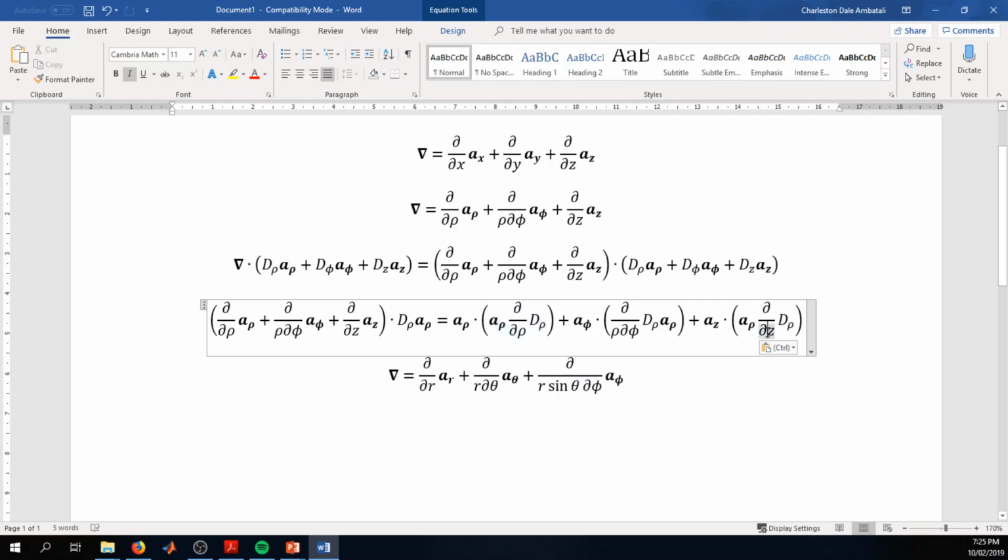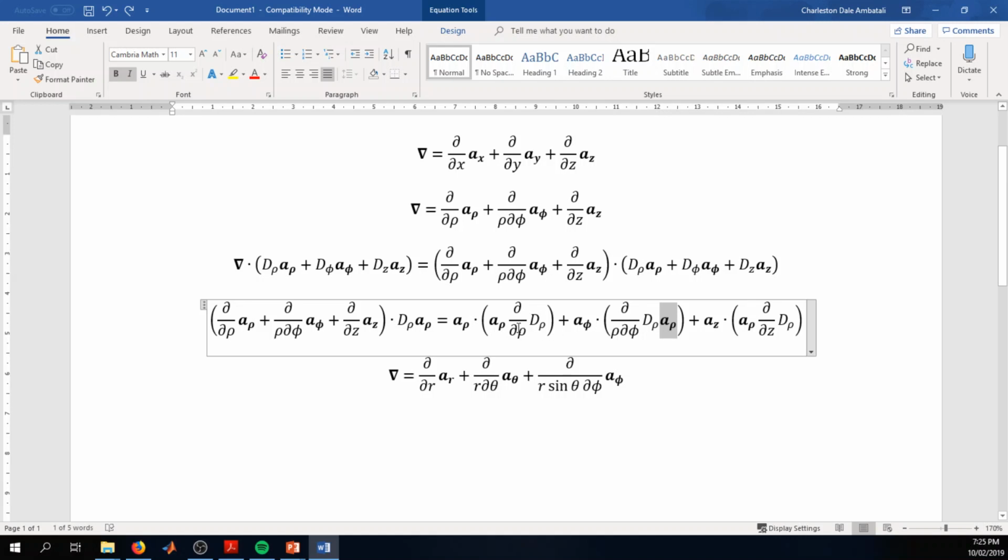If you move along z, arrow hat also does not change. So we can factor that out. But in this case here, you can't factor this out. That's a no-no, because arrow hat changes with phi.